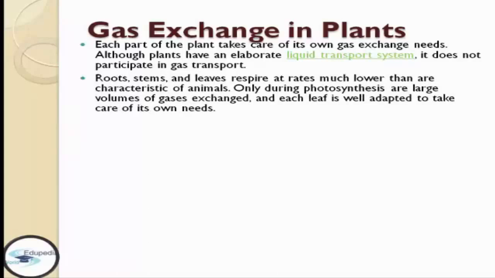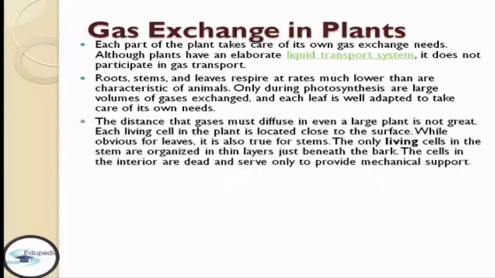Next, roots, stems, and leaves respire at rates much lower than those characteristic of animals. Only during photosynthesis are large volumes of gases exchanged, and each leaf is well adapted to take care of its own needs. The distance that gases must diffuse in even a large plant is not great.